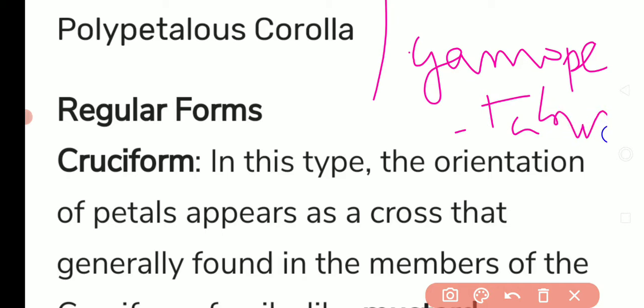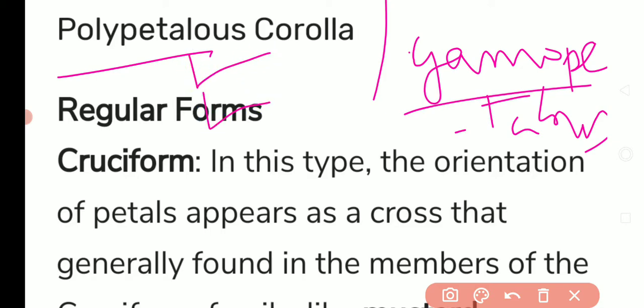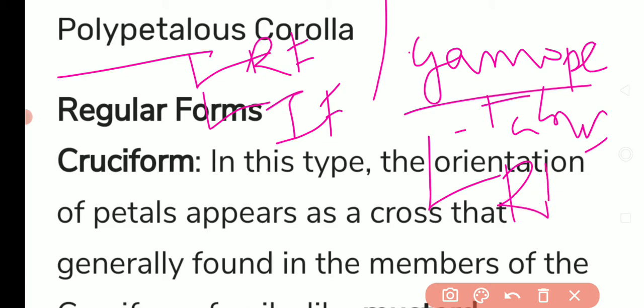So you have polypetalous and you have gamopetalous. Then out of polypetalous and gamopetalous, you have regular forms and irregular forms. Even the gamopetalous will have a regular form and an irregular form.